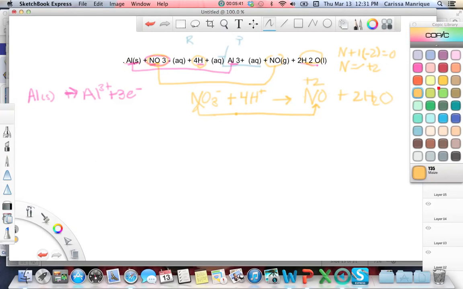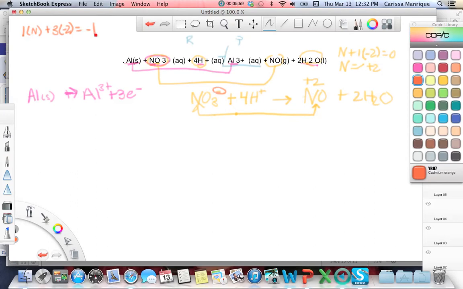Now let's look at this one here. I have 1 nitrogen, and I don't know the charge of it, plus 3 oxygens, and those have a -2 oxidation state. And what is the overall charge? You see here it's -1, because of that negative there.